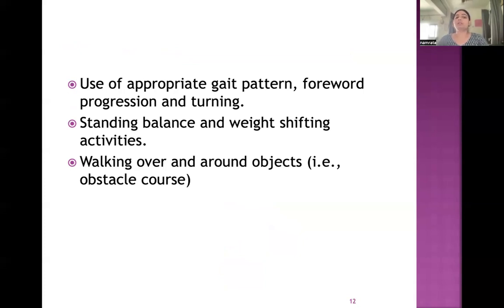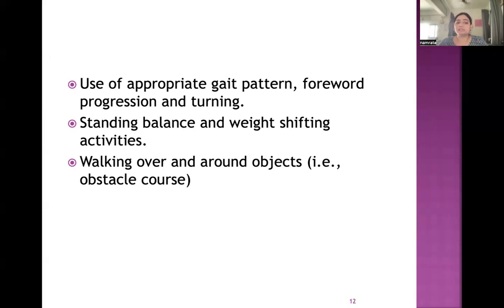So in the progression, you have to teach your patient to turn, and you have to repeatedly do this turning for the proper experience of turning, and then patient can turn very easily without any difficulty. So use of appropriate gait pattern, forward progression and turning. So turning is a major thing which patient needs to do for comfortable walking and to prevent fall.